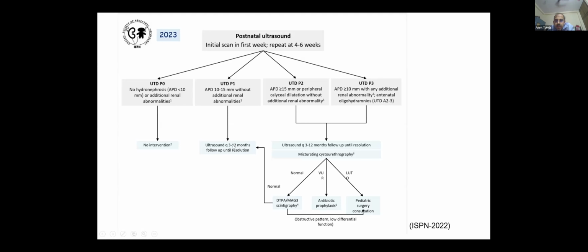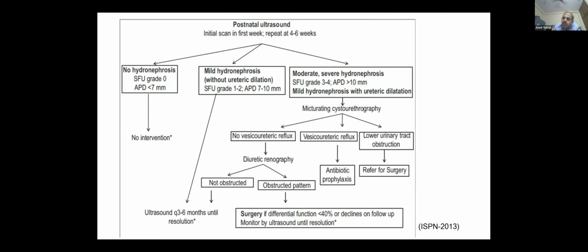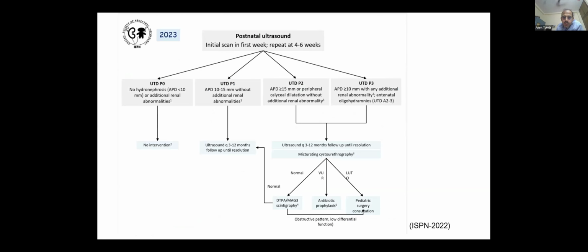If it is more than 15, or more than 10 associated with other renal abnormalities or oligohydramnios, then they are considered too. Otherwise, if no other abnormality is there, then more than 15 now they are telling. Previously it was more than 10 for everyone. Now they are telling more than 10 with anomalies, otherwise more than 15. For those cases we have to do the MCUG.